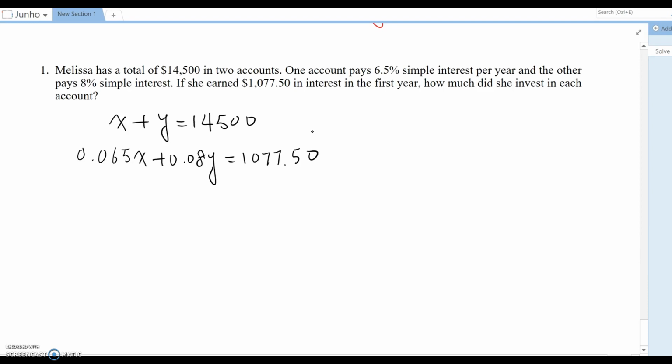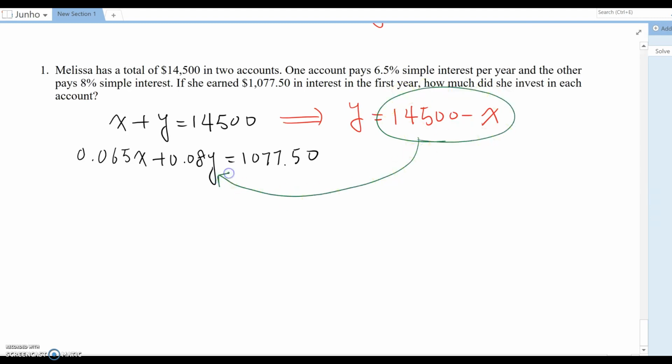Okay, so same way, I'm going to solve for one variable from here, always for y. I usually do it for y. Then y equals 14,500 minus x. To remember the next step, yeah, we plug this into here.